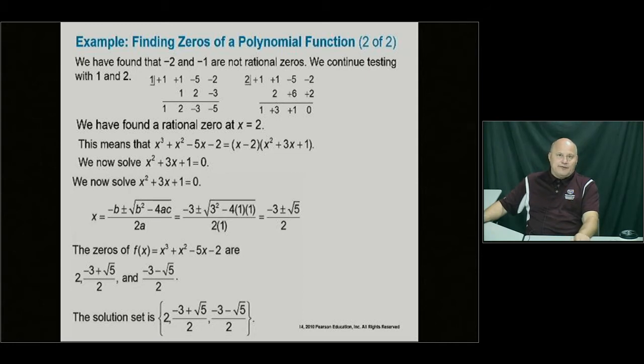So if we use the quadratic formula, you get at the end negative 3 plus or minus the square root of 5 over 2. But notice the radical 5. That means the number is not rational. It's an irrational number. As a matter of fact, the other 2 could have been complex if the discriminant was negative here.